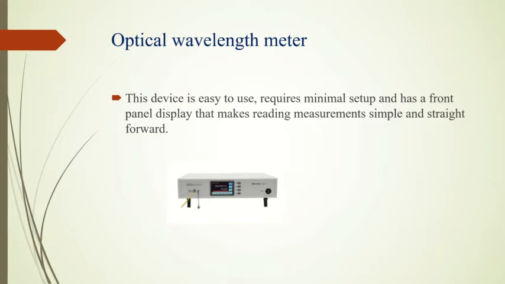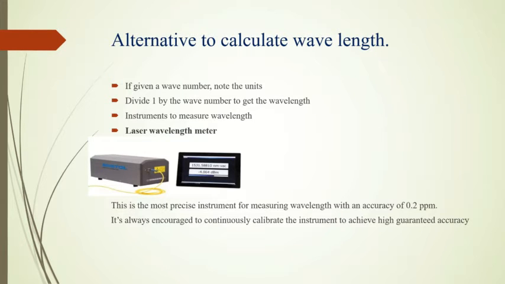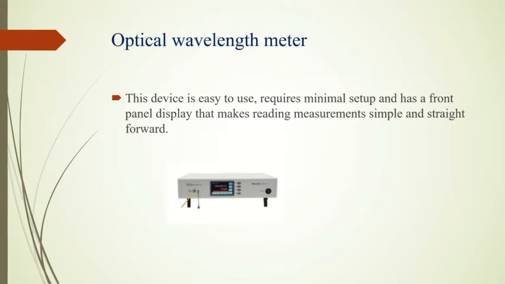Say the previous one we had has an accuracy of 0.2 parts per million. So if your accuracy requirement is within that, you would go for the laser wavelength meter. The other thing is you need to know the internal reference. You also need to know the measurement speed. It always varies with the meters.